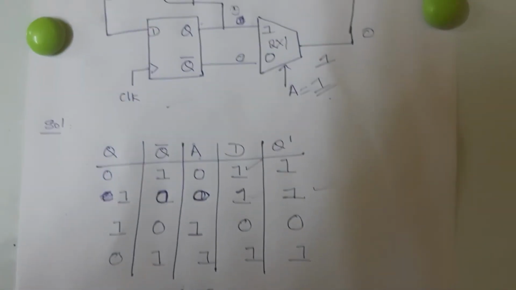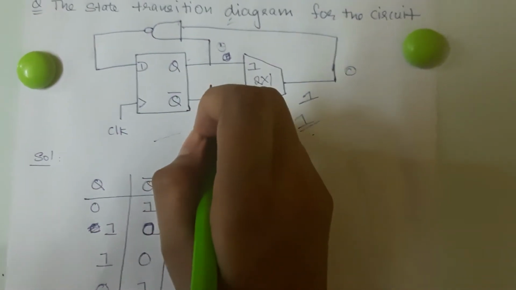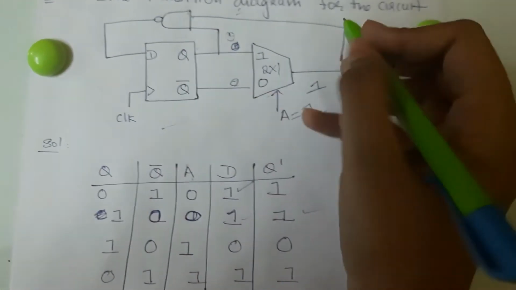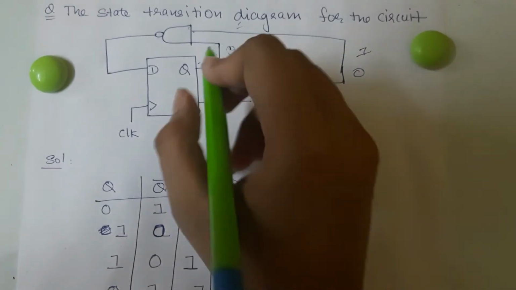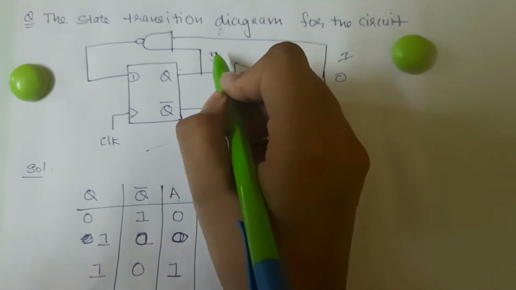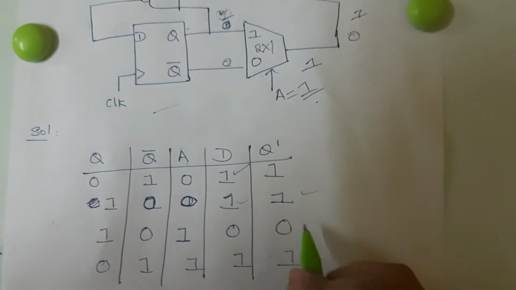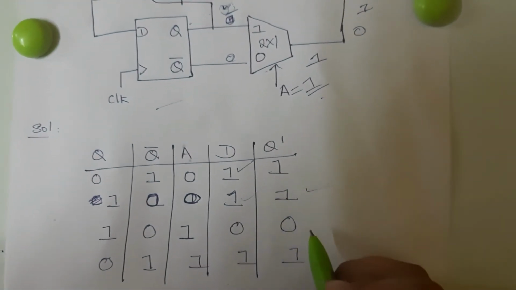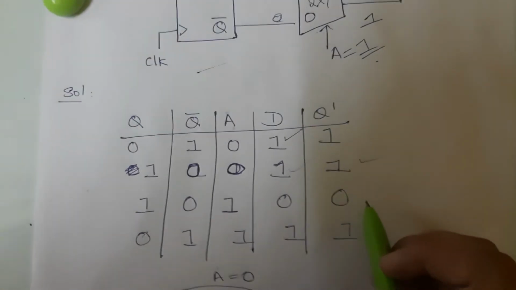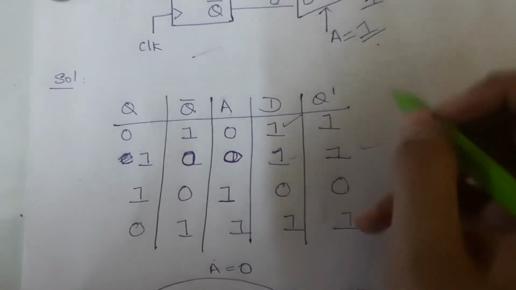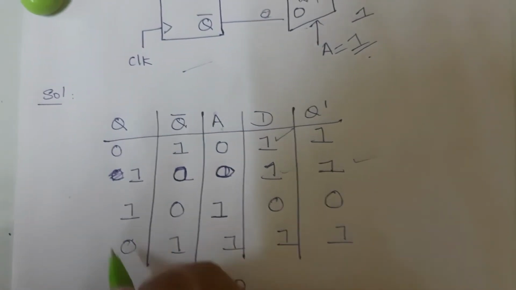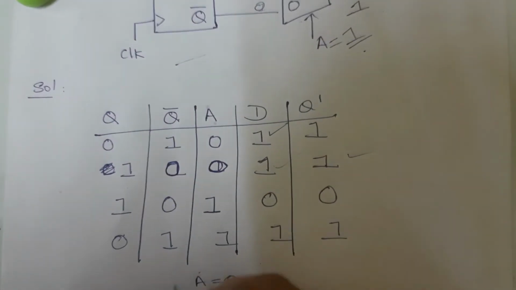If A is 1, it will take the value of Q. So if my Q is 1 and the other input is also Q, 1, 1 NAND will give me 0. So D is 0, I mean the next state of Q is 0. So if the next state of Q is 0, Q bar is 1.